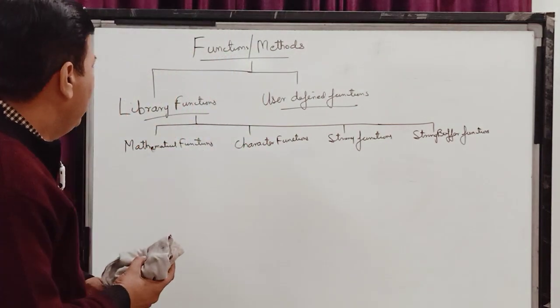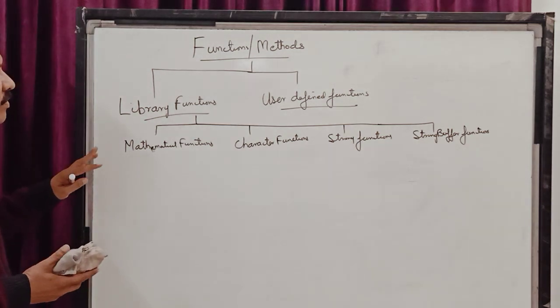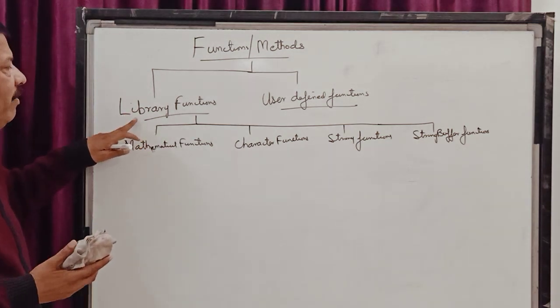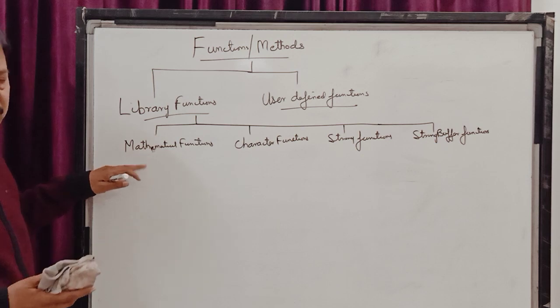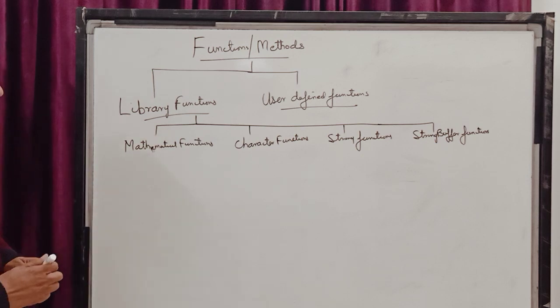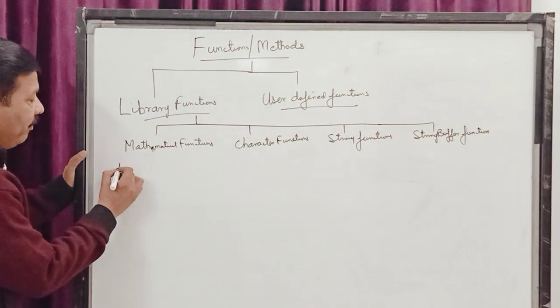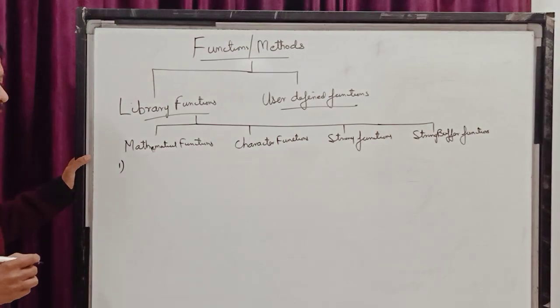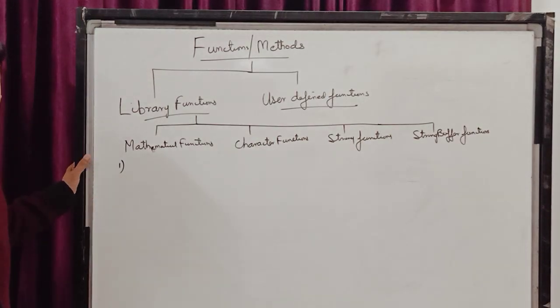And children, today in these functions which we are studying under the head of library function, we have different functions under the mathematical functions, and they are available to us in a package called java.lang.